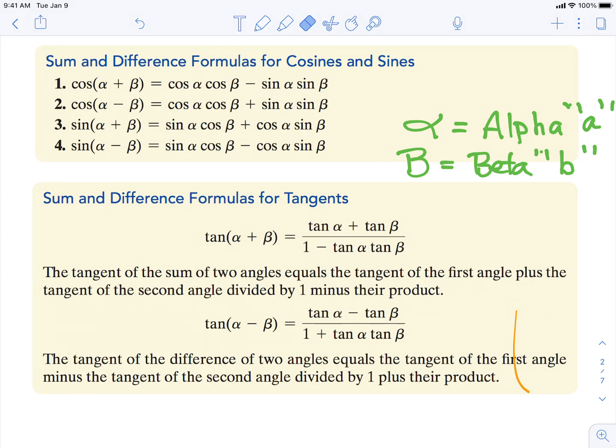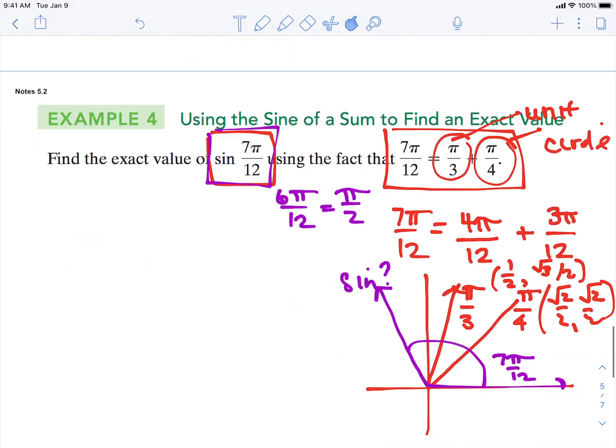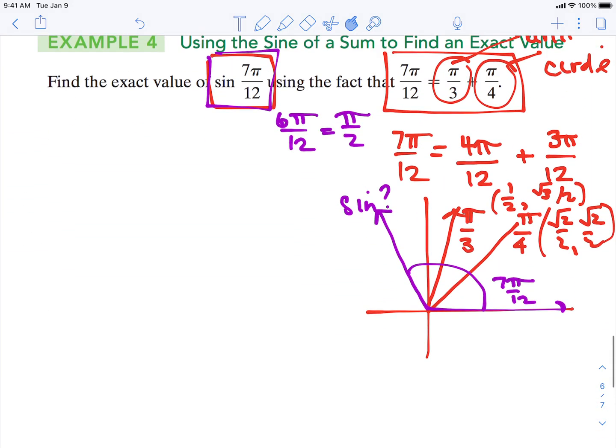And we want to choose the appropriate formula. The formula we're going to choose is, we're adding those two fractions together, so we're going to use the third property. So I'm going to write that formula down.